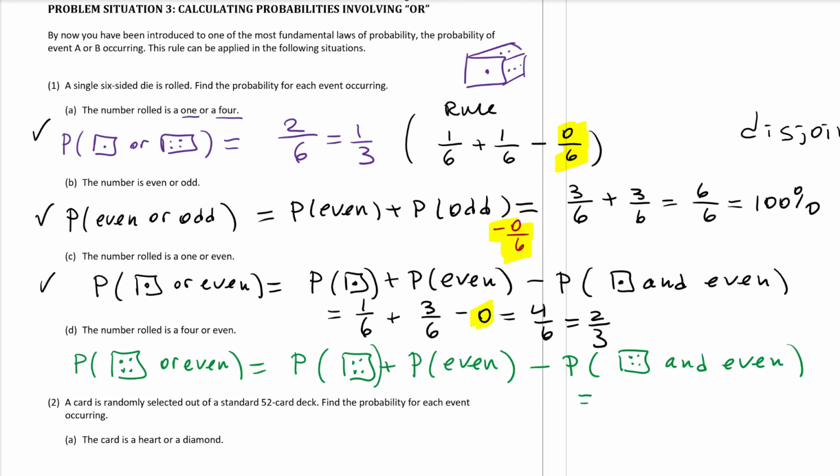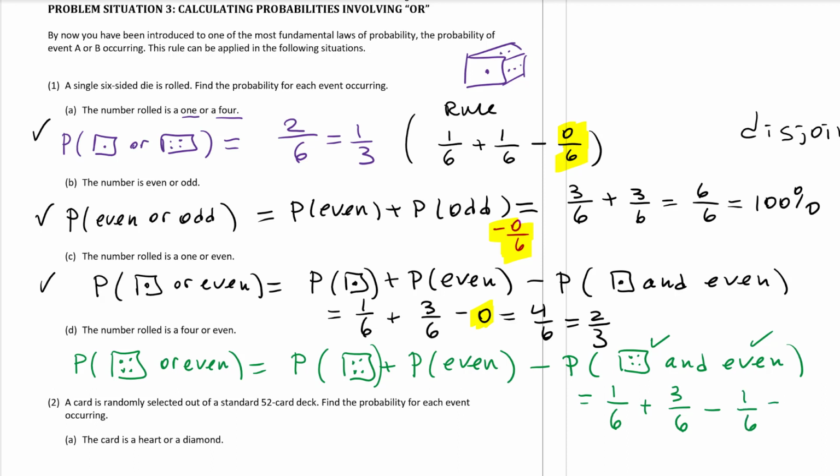What's the probability that it is a 4? There's one 4 in there. How many even numbers are there? There are 2, 4, and 6, so 3 of them. But there's one number that is both 4 and even, which is 4 itself. It's an even number, so you have to subtract that overlap.